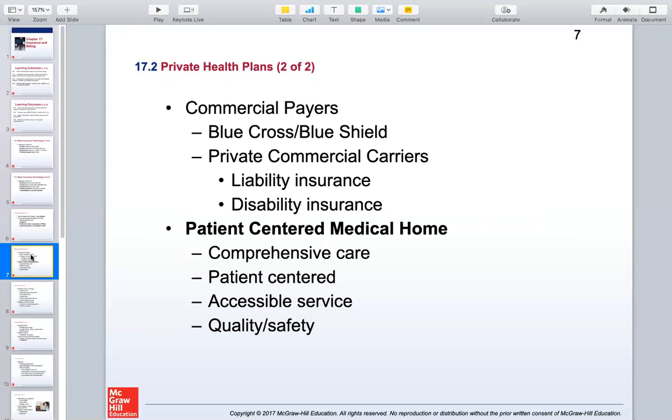With the private commercial carriers, in addition to health insurance, they have liability insurance and disability insurance. Liability is just if a patient gets injured while covered under the insurance, then that injury can be covered as well.